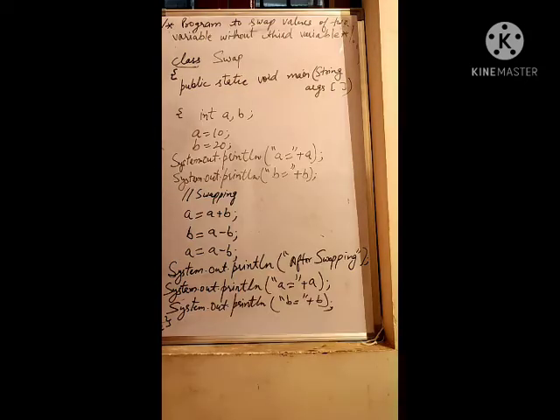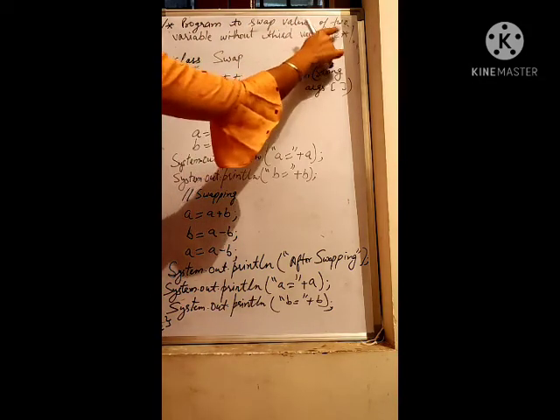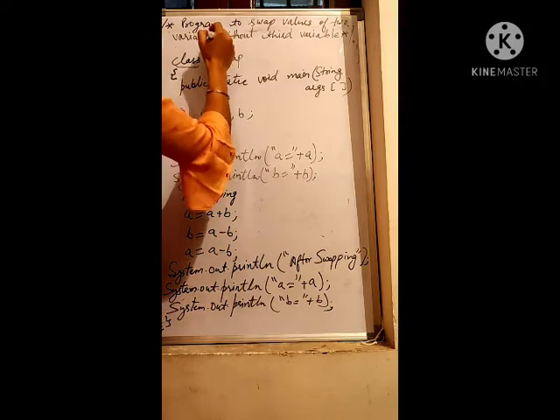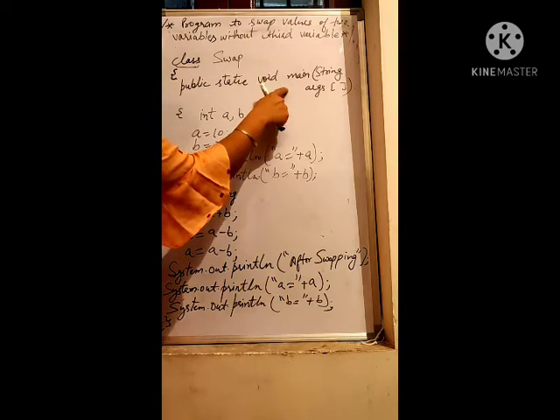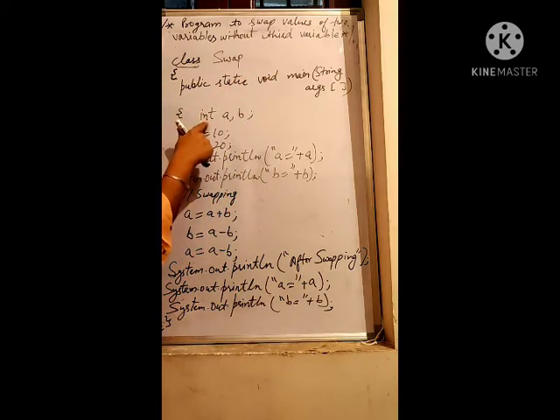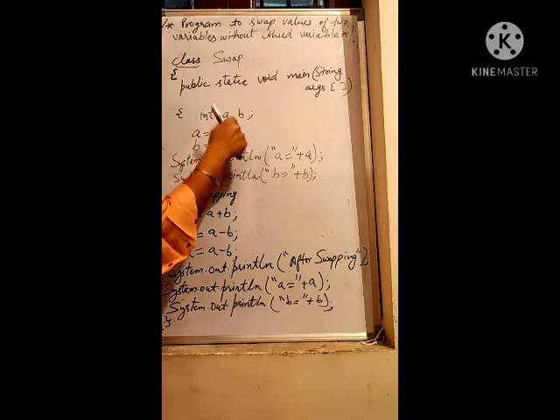Now we are going to start the second program, that is the program to swap the values of two variables without using a third variable. This is a multiple line comment again, and here I am starting the class. The name of the class is swap. After declaring the main method, in the main method I am writing int a, b.